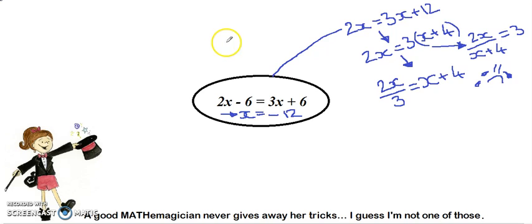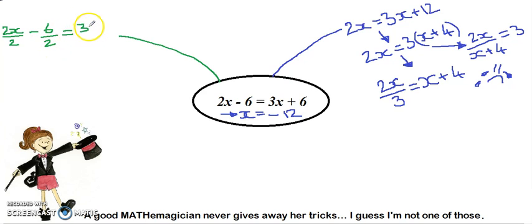Another way, let's just change color. Another way I could change it is to make everything over a fraction of 2. In other words, it's going to be 2x over 2 minus 6 over 2 is equal to 3x over 2 plus 6 over 2.